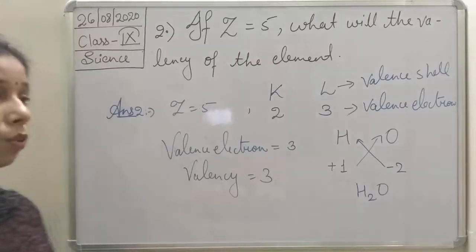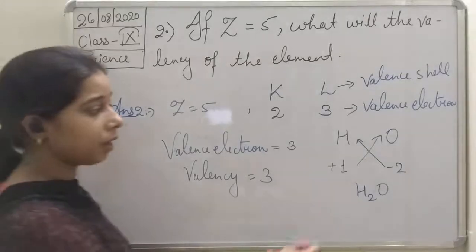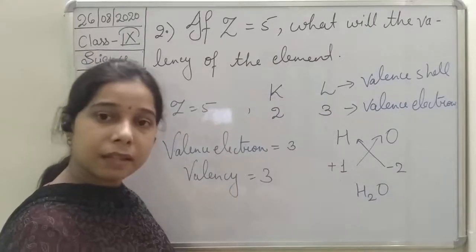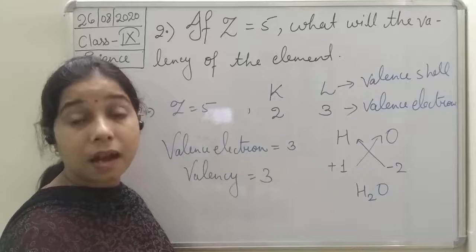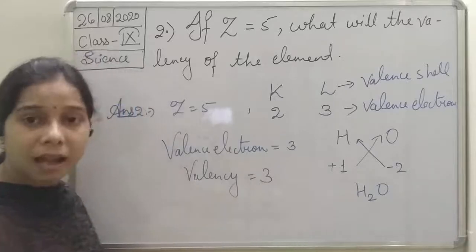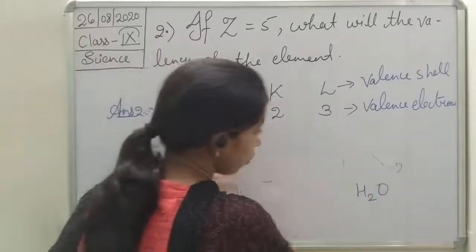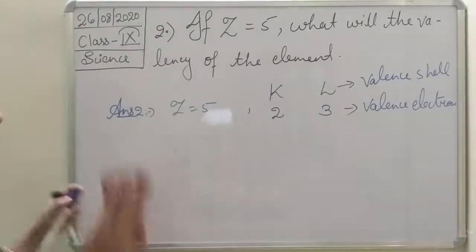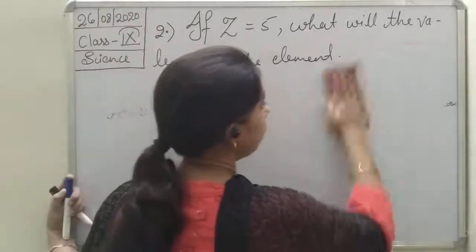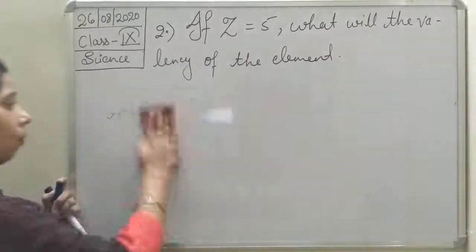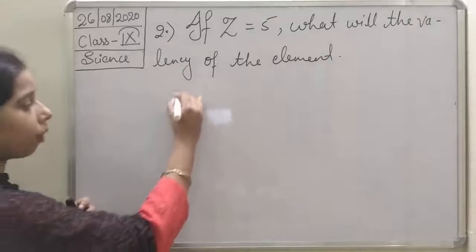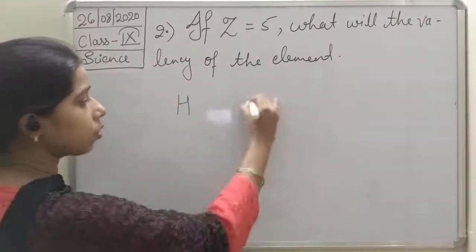Now you see here, students, if you know the charges of hydrogen and oxygen, then it will be very easy to find it. Otherwise, if you know the valency, you see, in case of water, this is hydrogen, this is oxygen.